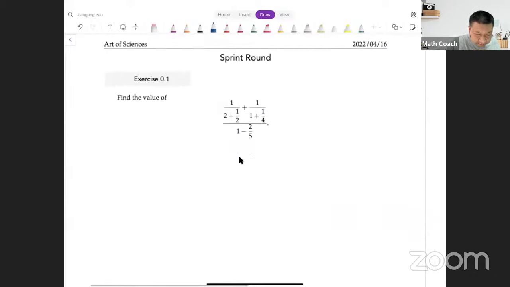Okay, so here is the first problem. Once you have the answer, please privately chat me. Okay. So now I see that I already have more than 12 correct answers. In order, they are from 84. So 84 gets 12 points, and then 86 gets 11 points.